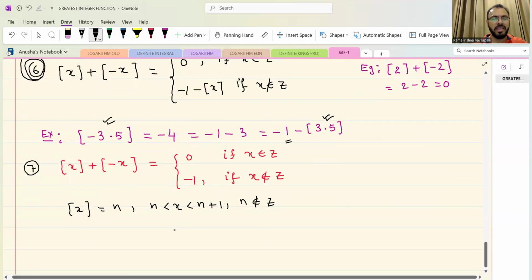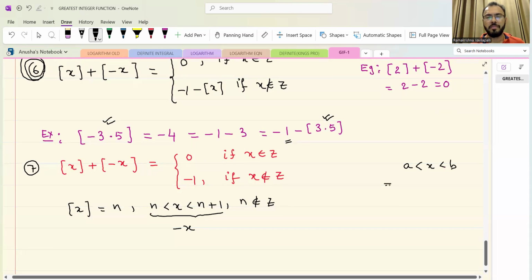So here you see, you multiply with the negative sign for this inequality. Then the inequality will be reversed. I'll write here a less than x less than b.